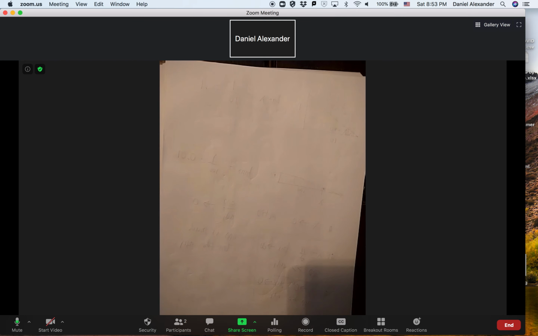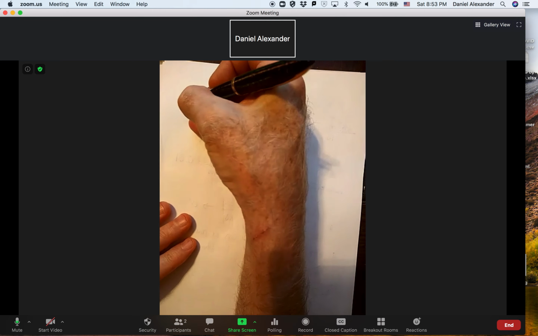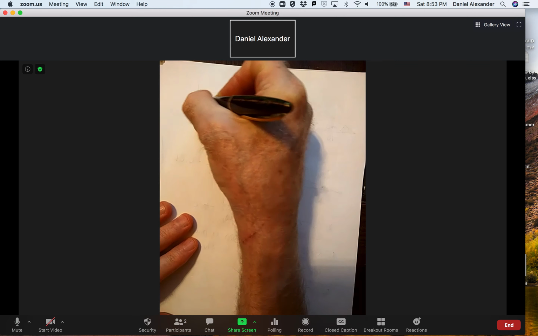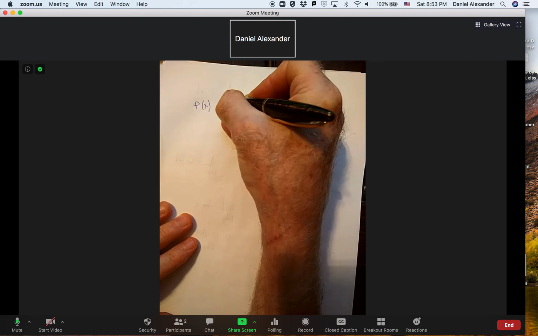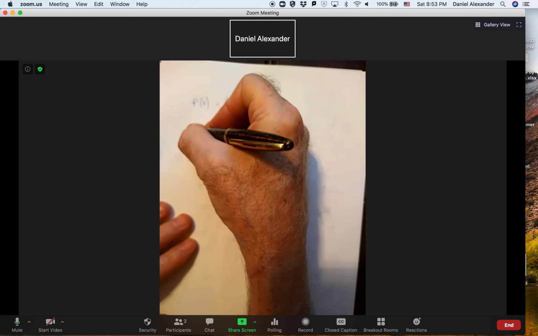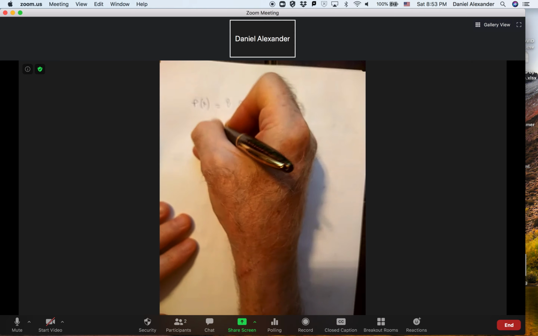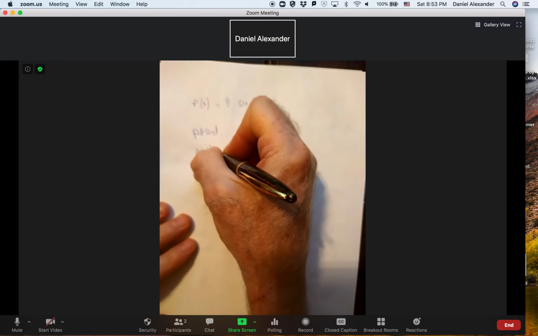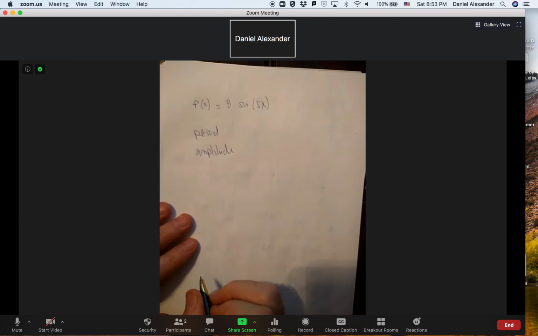Okay, so the first practice problem is we're going to look at f of x equals 8 sine of 5x. It wants us to find the period and the amplitude and then to sketch it.